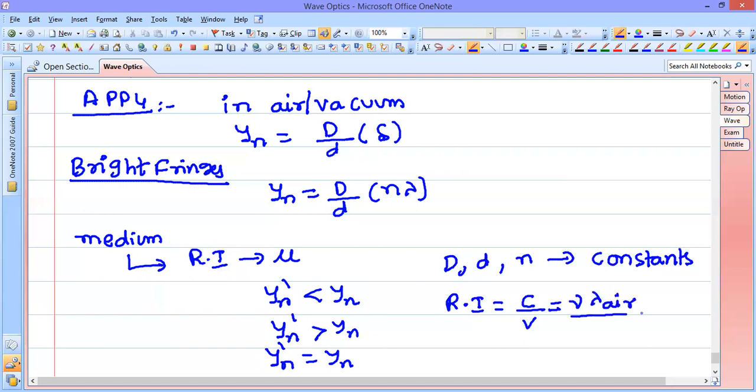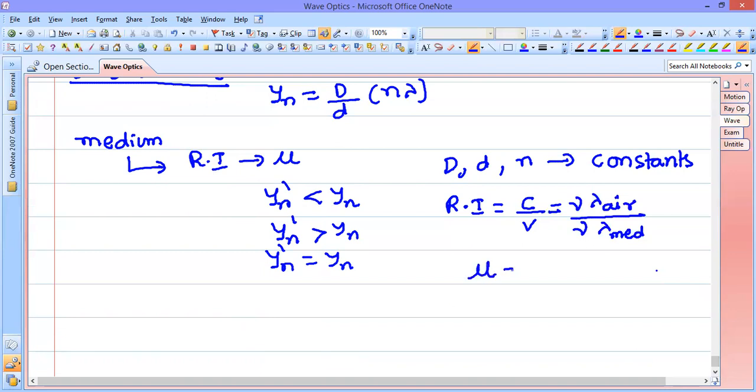The frequency of the light does not change. Whenever the light ray changes from air to medium, the frequency remains constant. So I can say that mu is equal to lambda air by lambda medium.